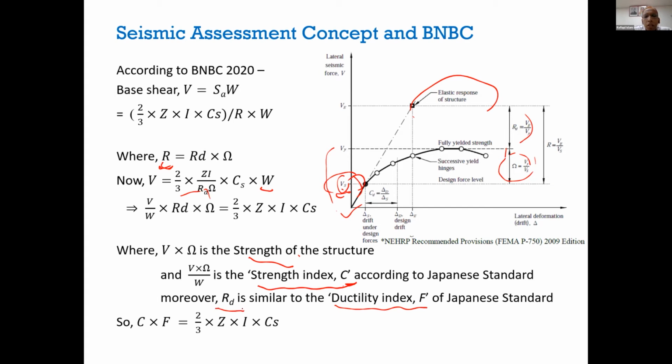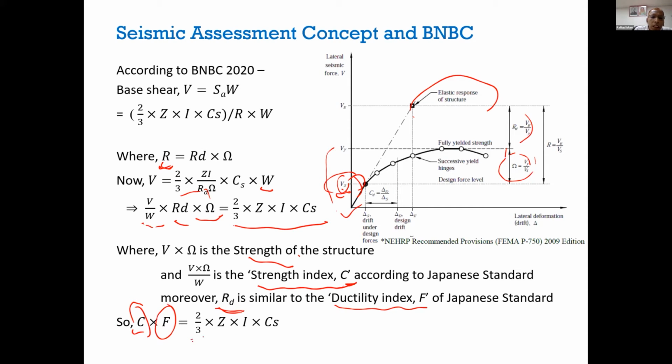So this is RD, and RD is similar to the Japanese ductility index. So now we can write that this is the strength index and this is the ductility RD, and it equals this. So this is the main formula of the Japanese or PWD manual.